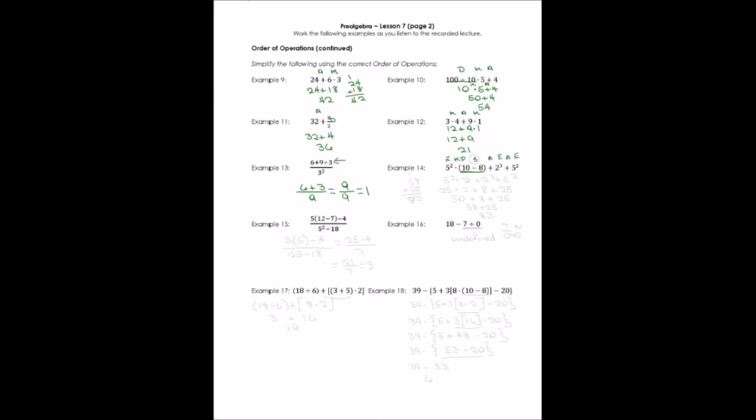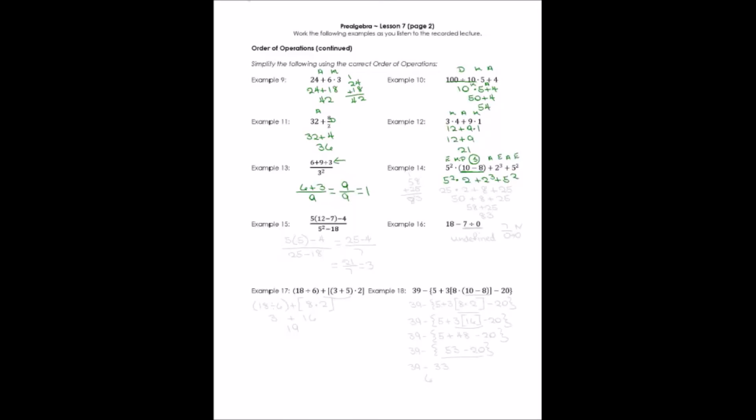So inside parentheses, I only see one operation, subtraction. I'm going to handle that first. Everything else, I'm just going to write it down so I don't get confused. So I'm going to say 5 squared times 10 minus 8 is 2. Now I don't need parentheses anymore. There's only one thing in there, and I've already got the multiplication sign, the dot, so I don't need that either. Everything else I'm just copying down.